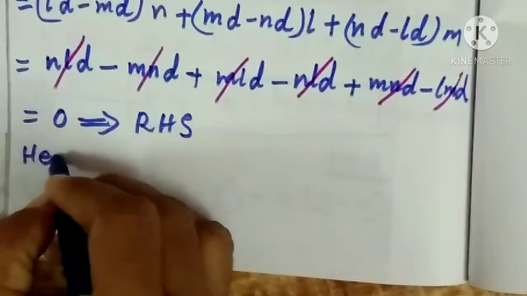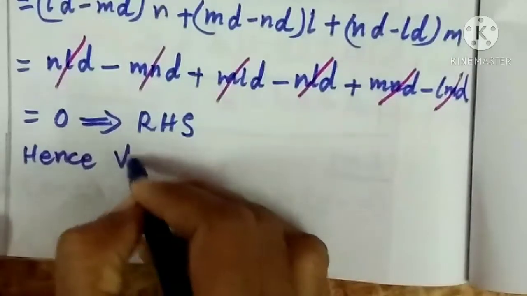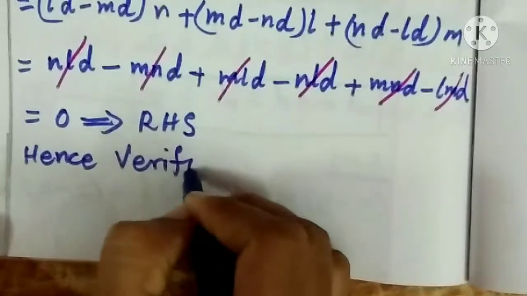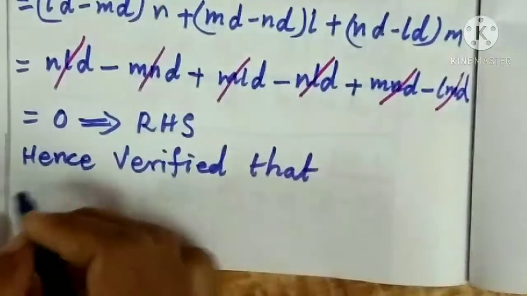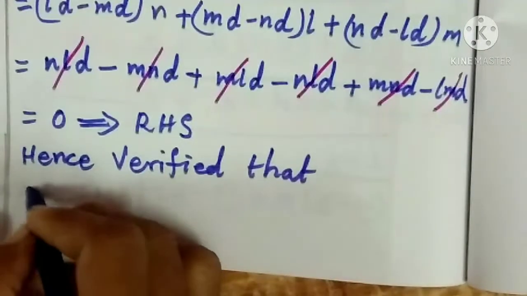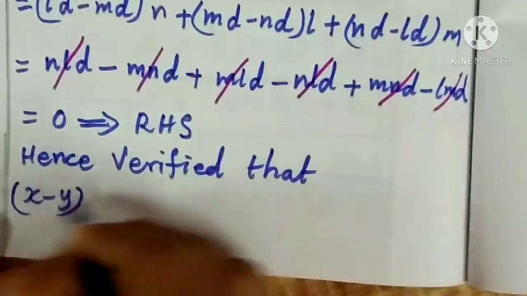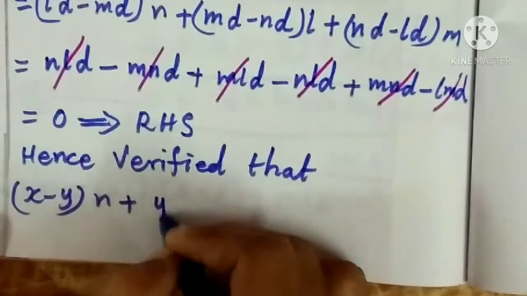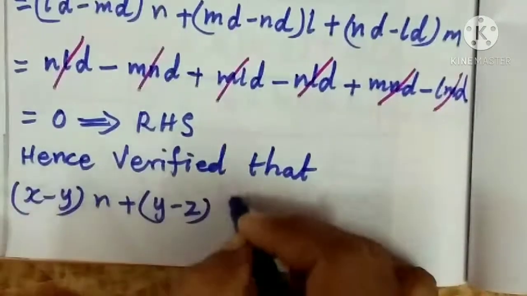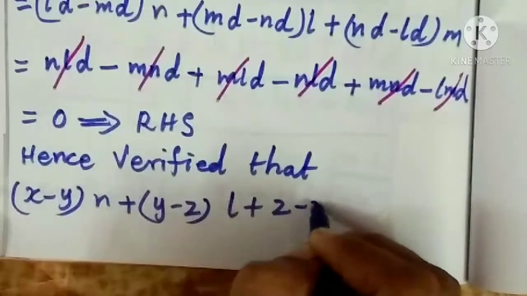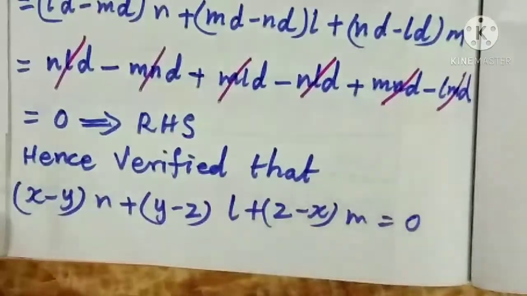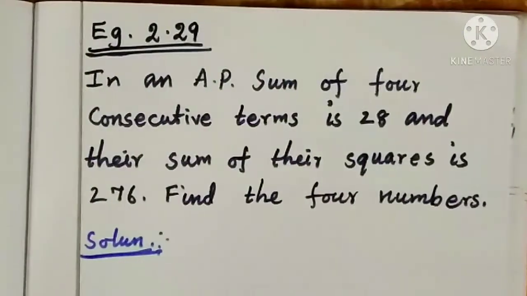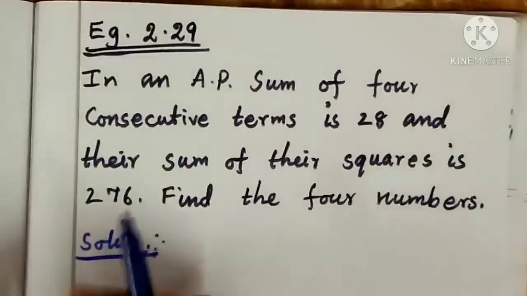Hence verified that (x minus y) into n plus (y minus z) into L plus (z minus x) into m is equal to 0. Now we move on to the next example 2.29.